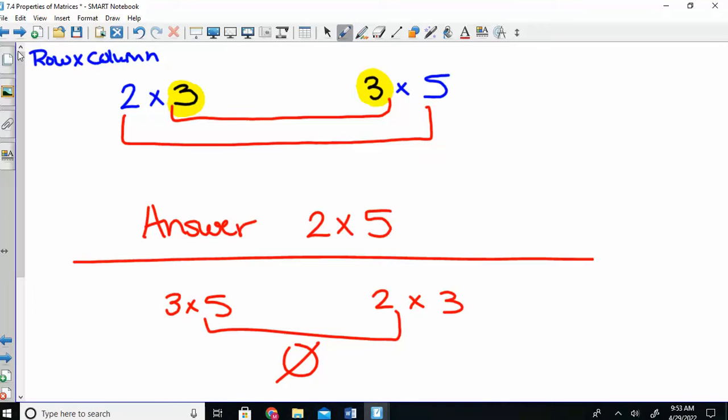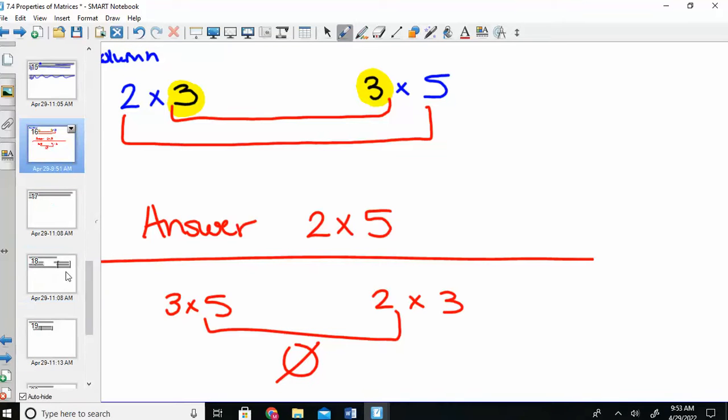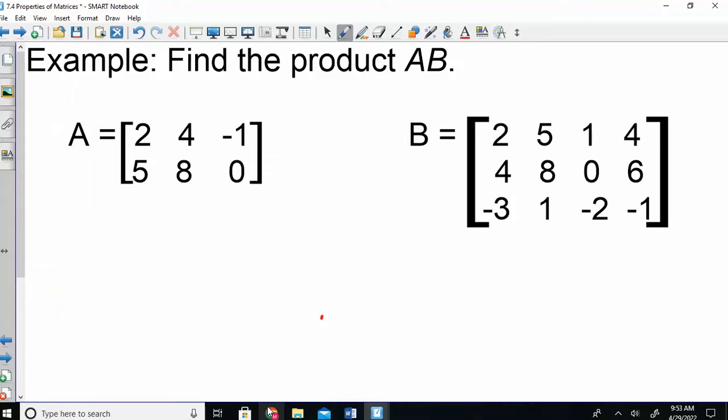So let's try a problem. Okay, so here are two matrices, A and B. We first have to see if we can multiply it. So to do that, just check your dimensions.